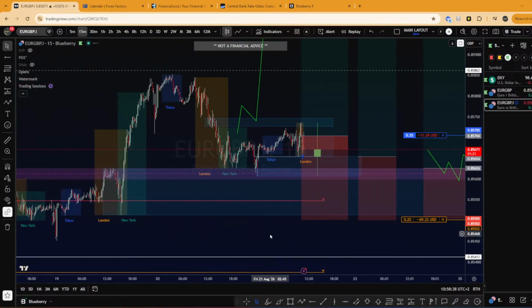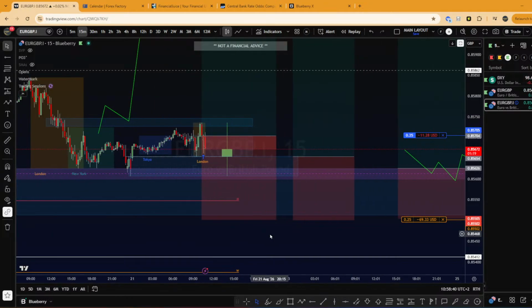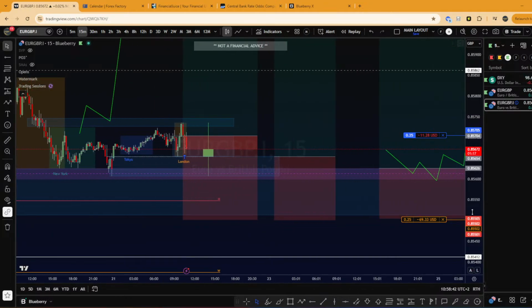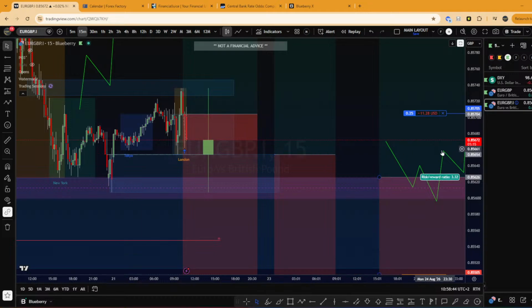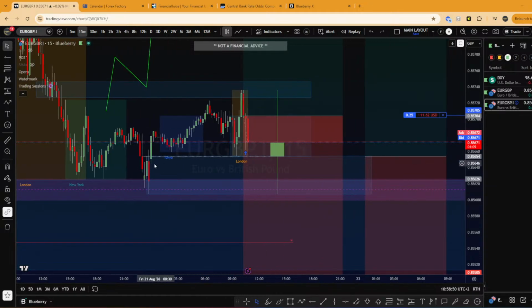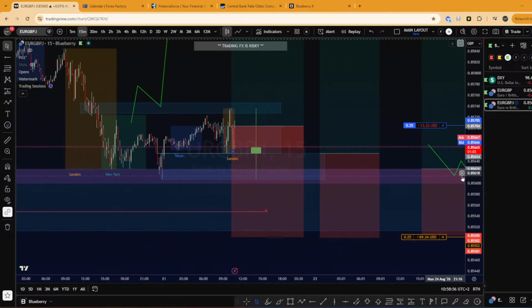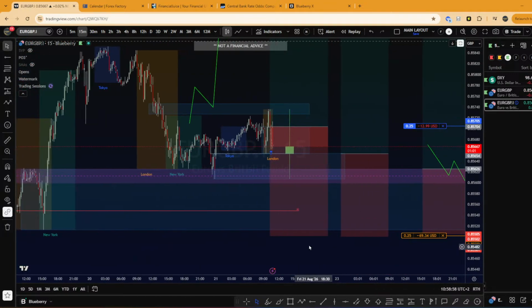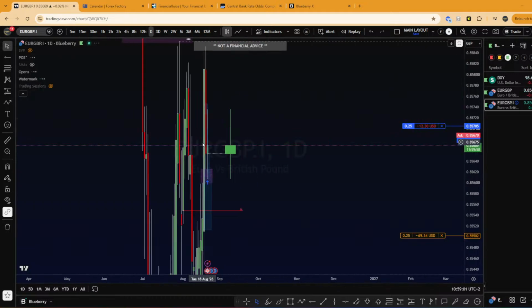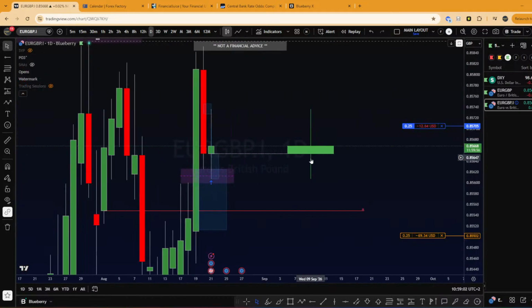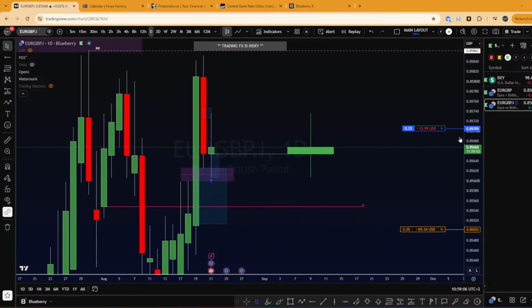Okay, so let's see if we test even lower here, because we are dropping. Let's see if we could target even lower, this level right there.